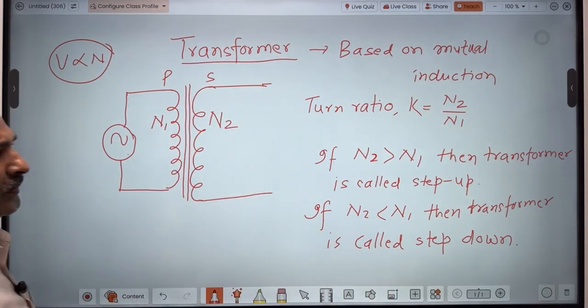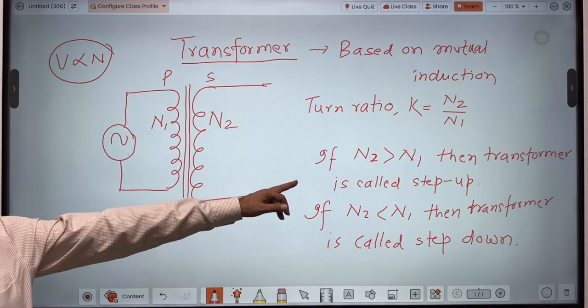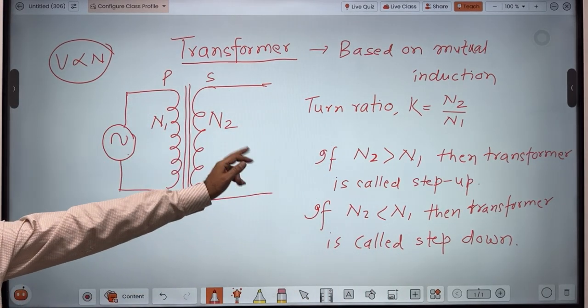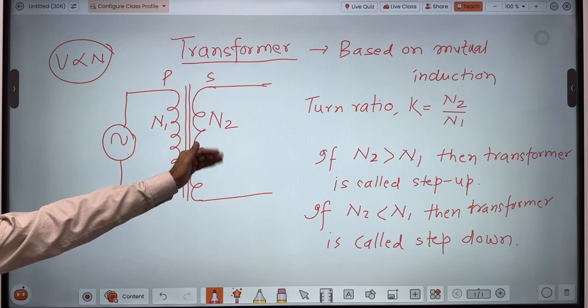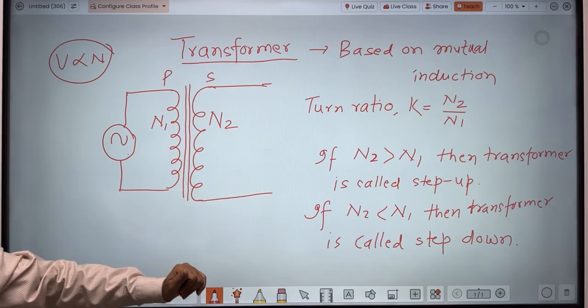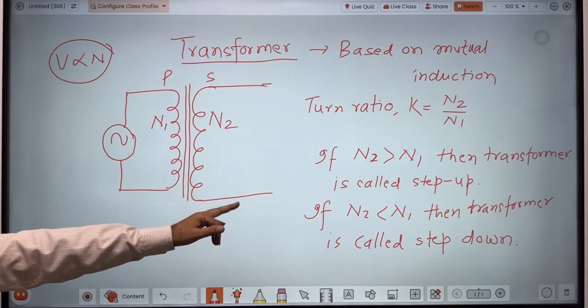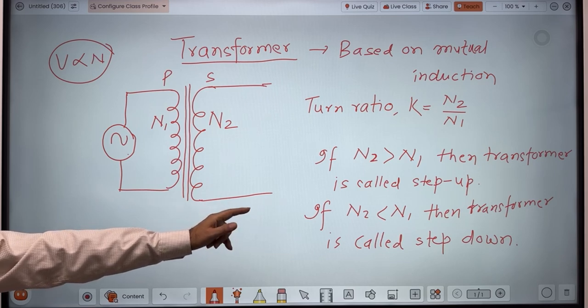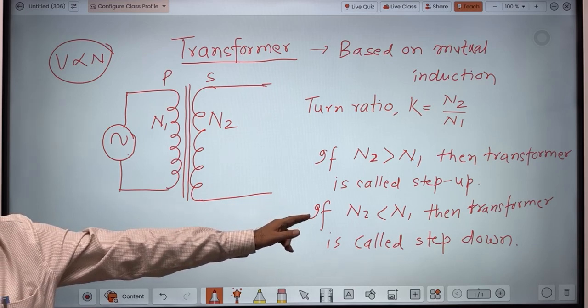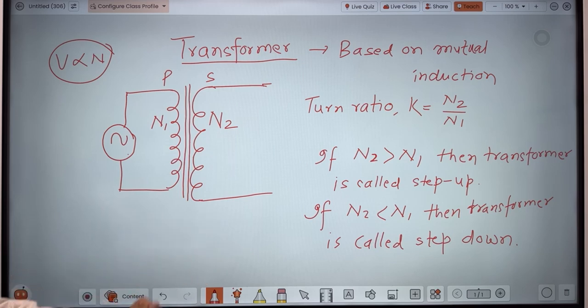So there are two types of transformers. Number one is step up, in which number of turns in secondary are larger than number of turns in primary, and the second one in which number of turns in secondary is less than number of turns in primary. So that is called step down transformer.